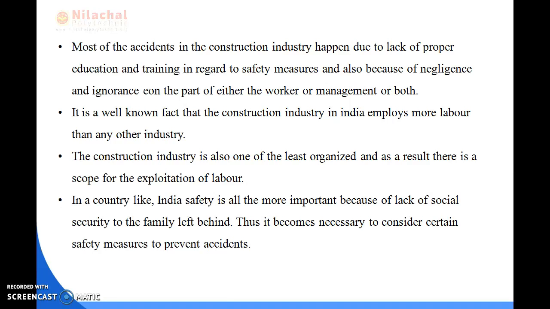We can also say that the construction industry in India employs more labor than any other industry.